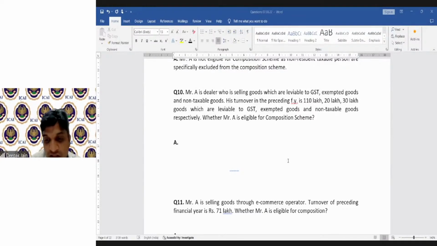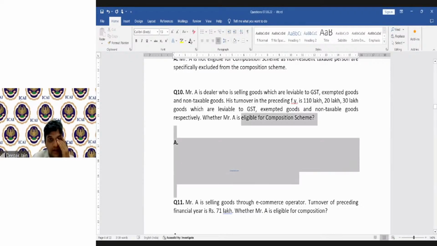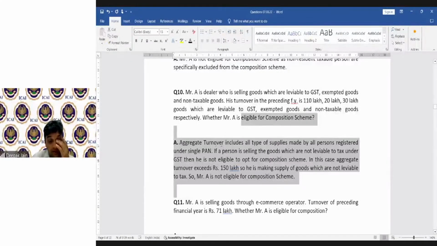Okay, should we consider only the taxable supplies or should we consider the aggregate turnover? Yes, we have to calculate the aggregate turnover. In this, aggregate turnover is more than 1.5 crores.